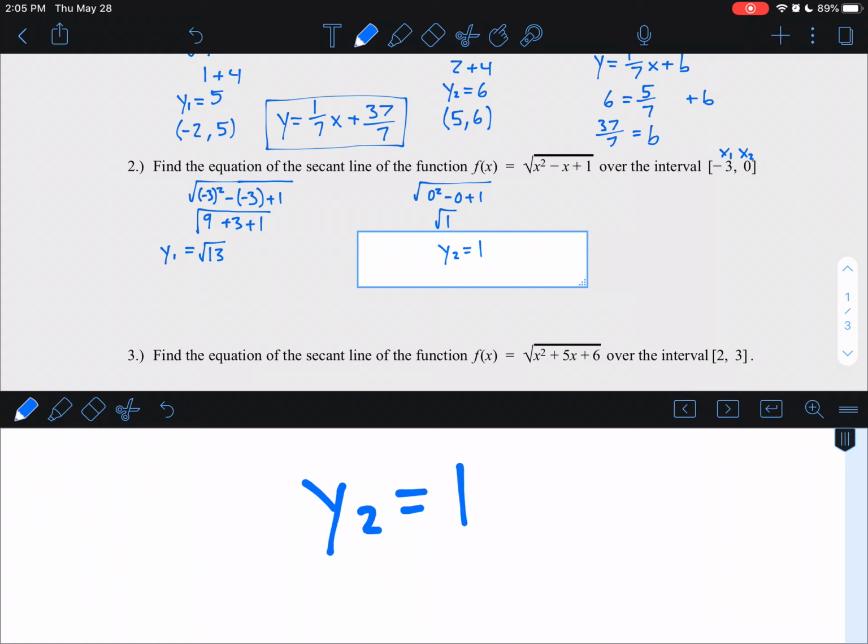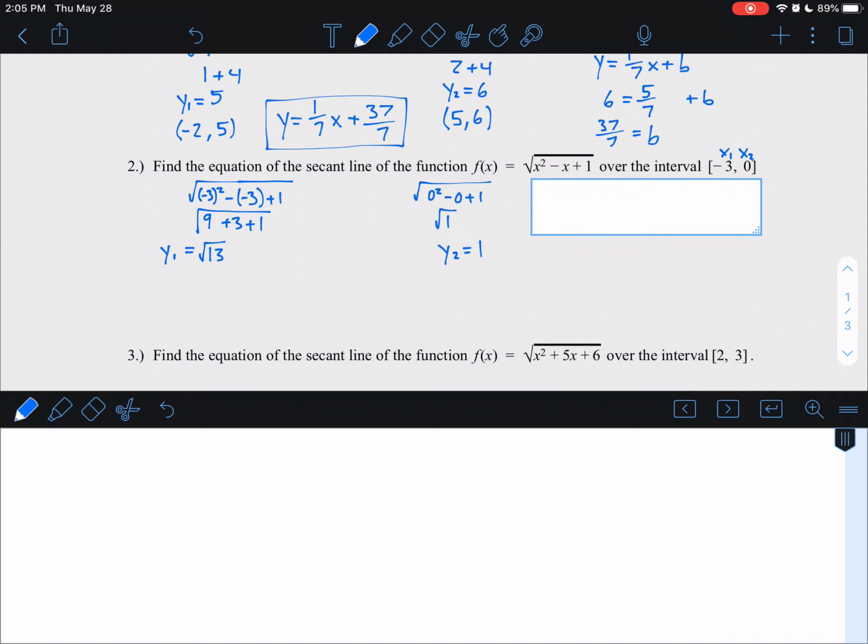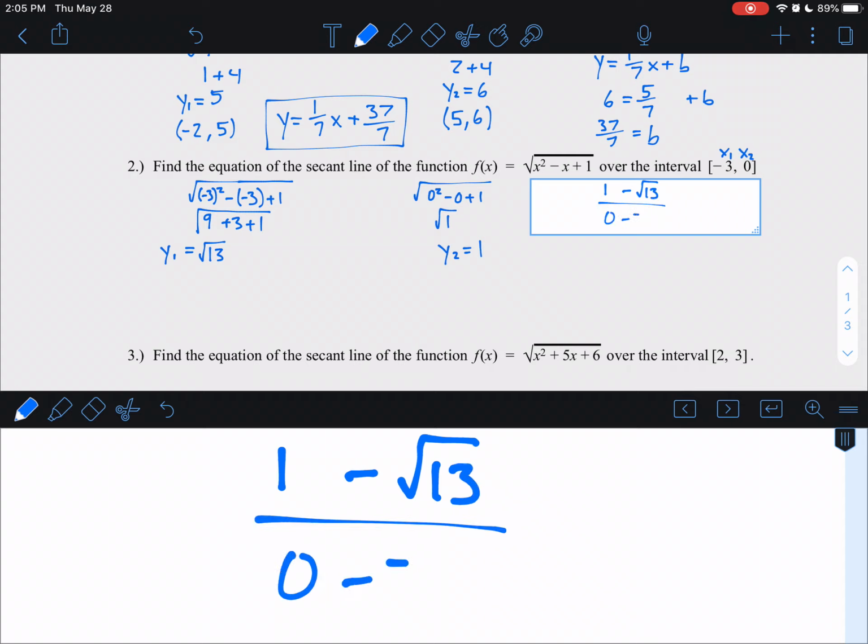So now I'm going to plug this into my equation to determine my secant line, or my rate of change first. So I'm going to do y2, which is 1, minus y1, which is the square root of 13, over 0 minus negative 3. And again, that minus negative 3 is just the same as plus 3.